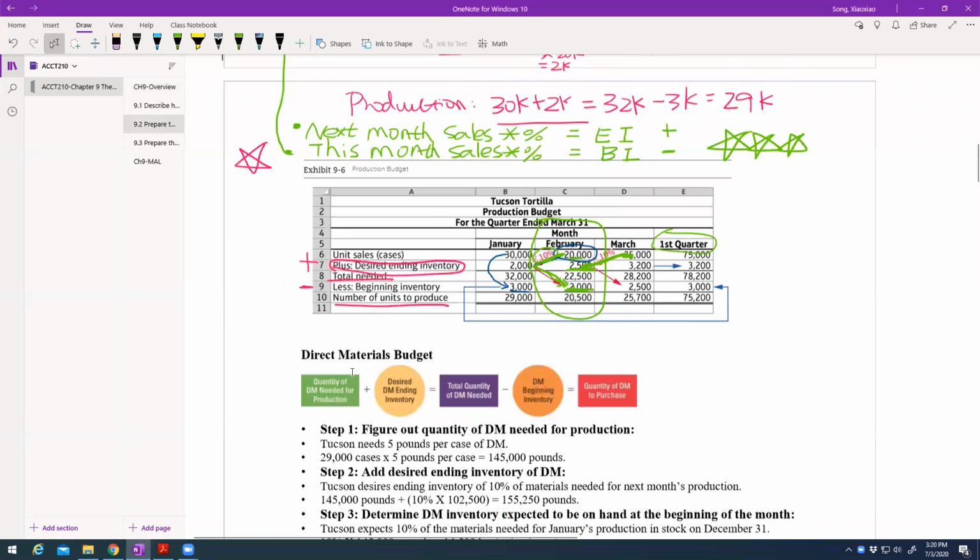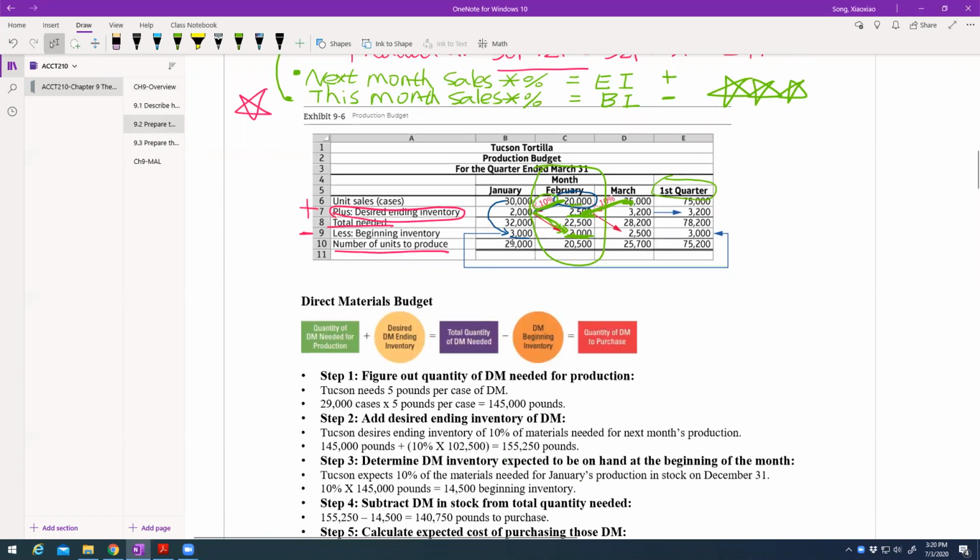So one more time, a general idea: say for January, you need to sell 30,000 units. But that's not the units you produce, because you want to have 2,000 units as your ending inventory for the safety stock. So you totally need 32,000. But before you have the production, you already had 3,000, the beginning inventory from last December.